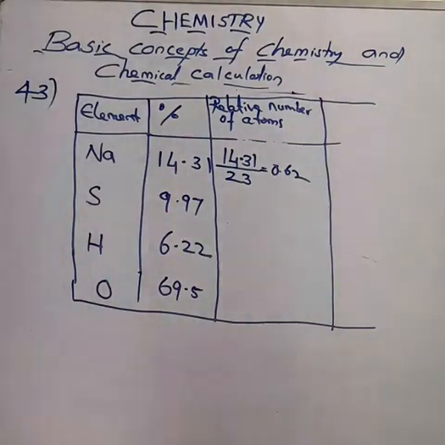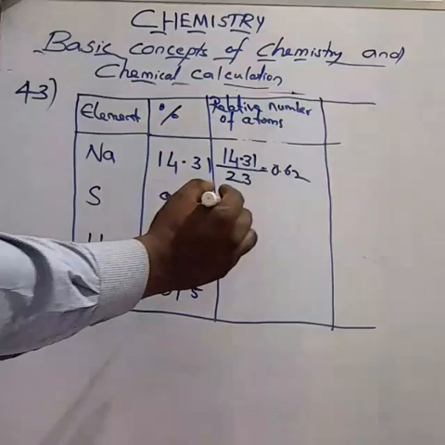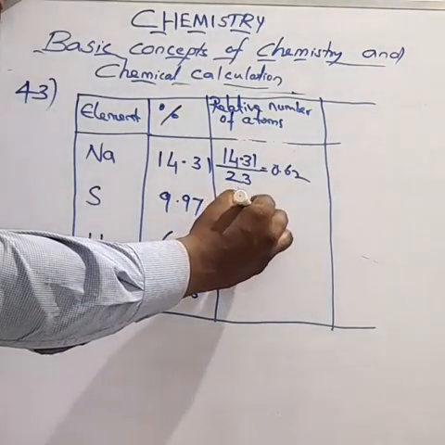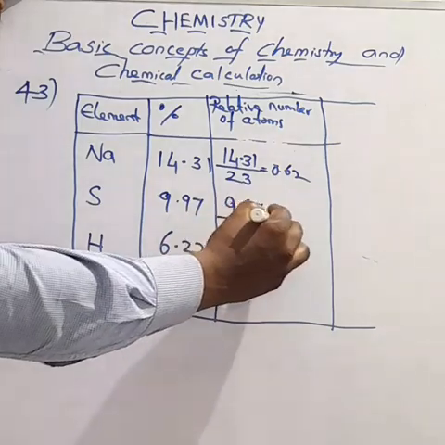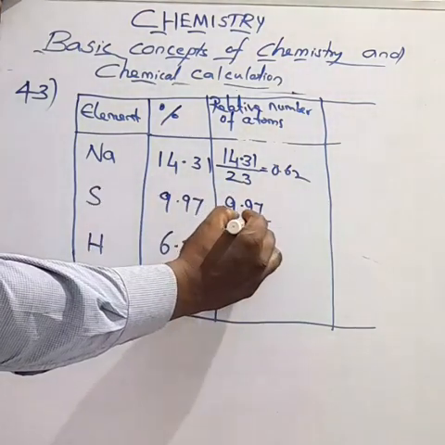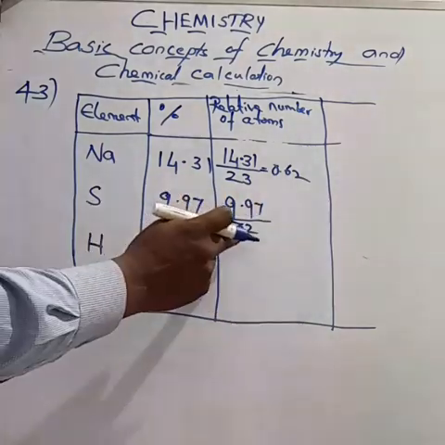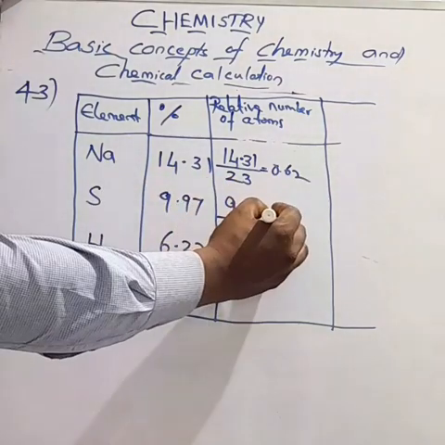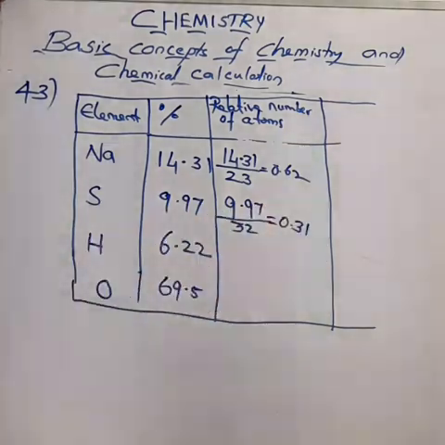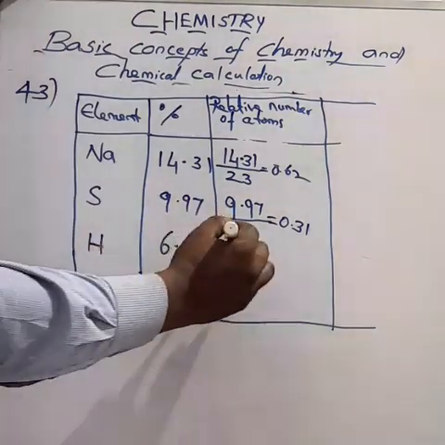Next one, sulfur. What is the percentage of sulfur given here? 9.97 divided by, what is the sulfur atomic mass? 32. That is approximately equal to 0.31. Next one, hydrogen.